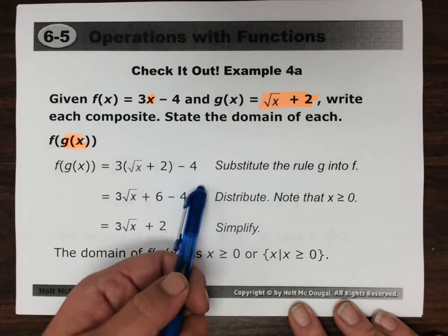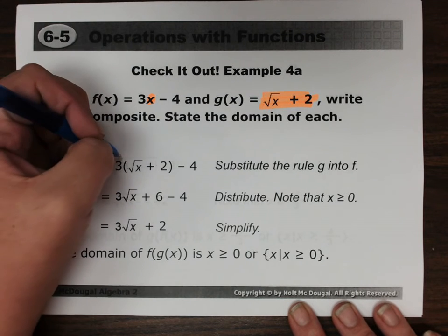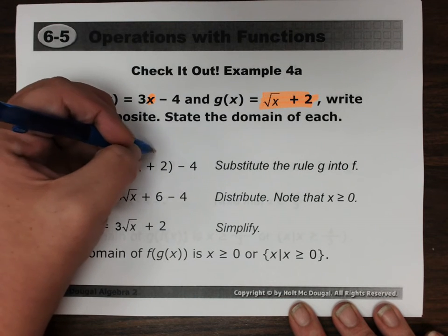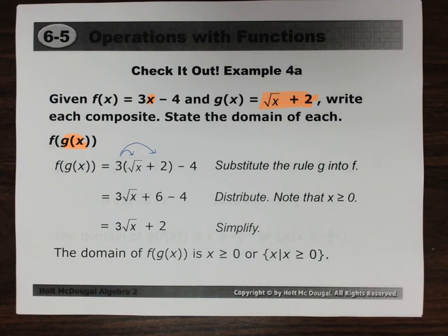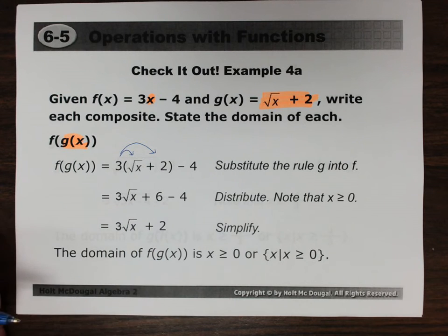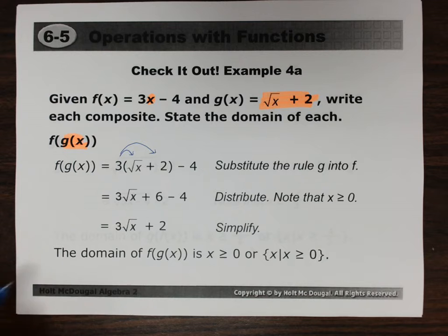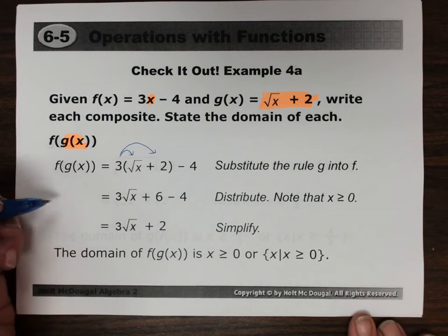And then we still bring in our negative 4, right? Because that's the rest of our equation. Now we've got to be careful, right? We've got to distribute that 3 to both of those numbers that are inside the parentheses. And that's why we end up getting this 3x plus 6 minus 4. Now let's be careful. We've got to do a little bit of simplification, right? 6 minus 4, that yields us 2. So this is my final solution.